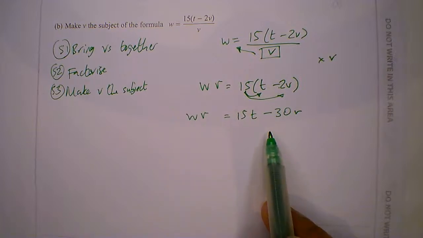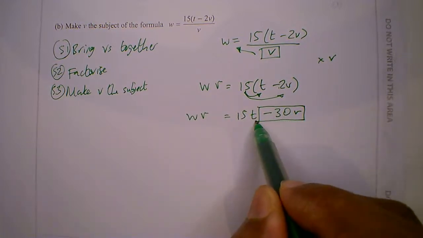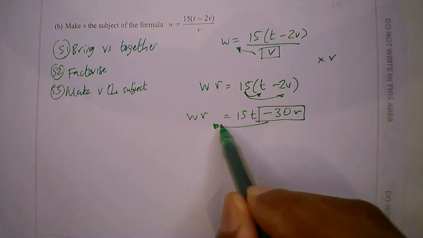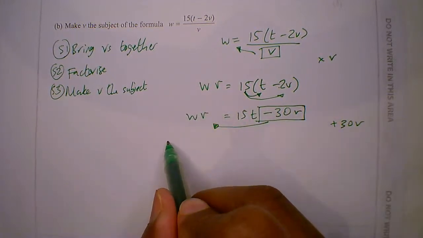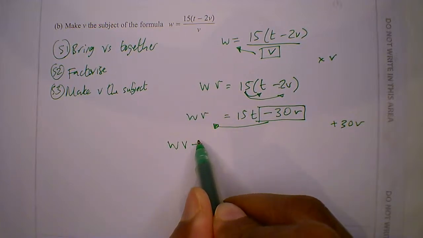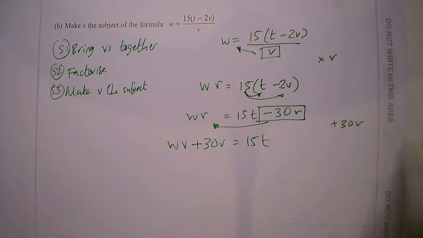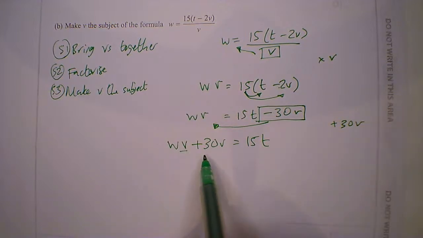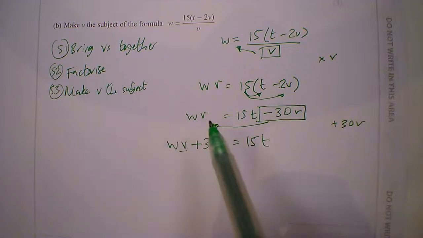Okay, so we've got that. Now we can take this V to the other side. Opposite of minus is plus 30V, so this just goes to the other side. This becomes WV plus 30V equals 15T. Now you can spot that I've got the V's together. I can now factorize the V, so that's my step 2.